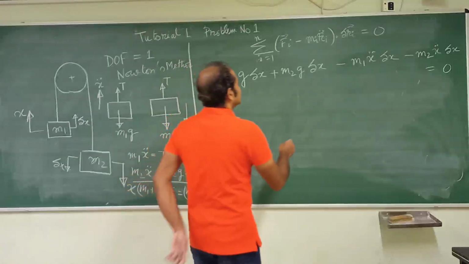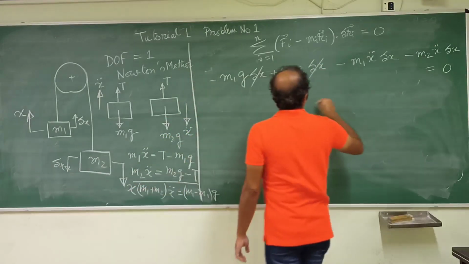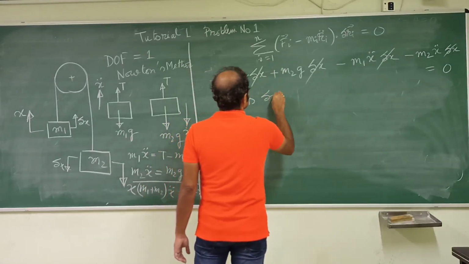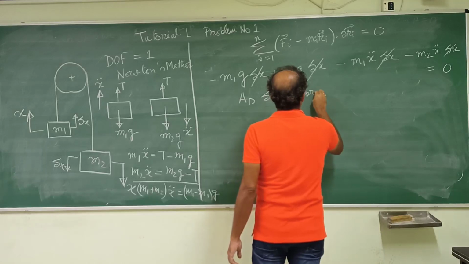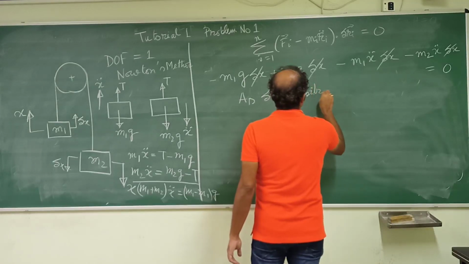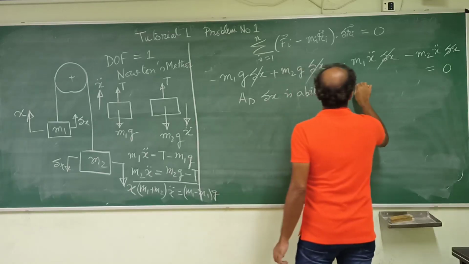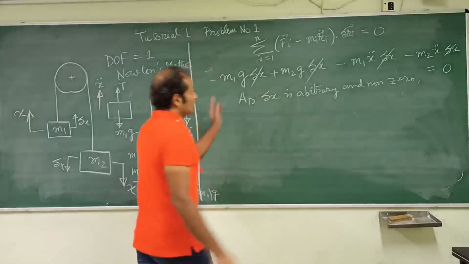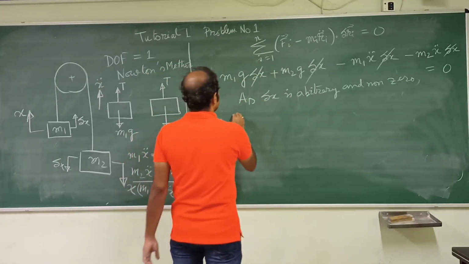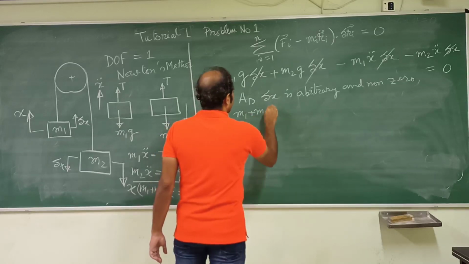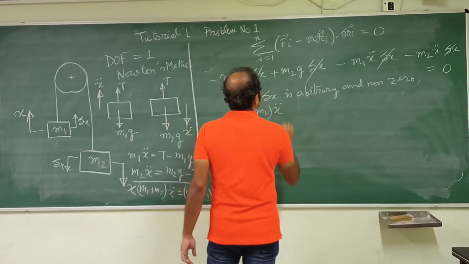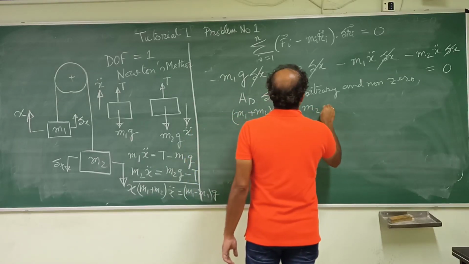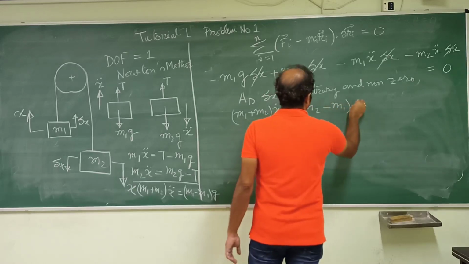So what did you get? As delta x is arbitrary and non-zero, in one step I am going to get my equation as m1 plus m2 times x double dot is equal to m2 minus m1 times g.